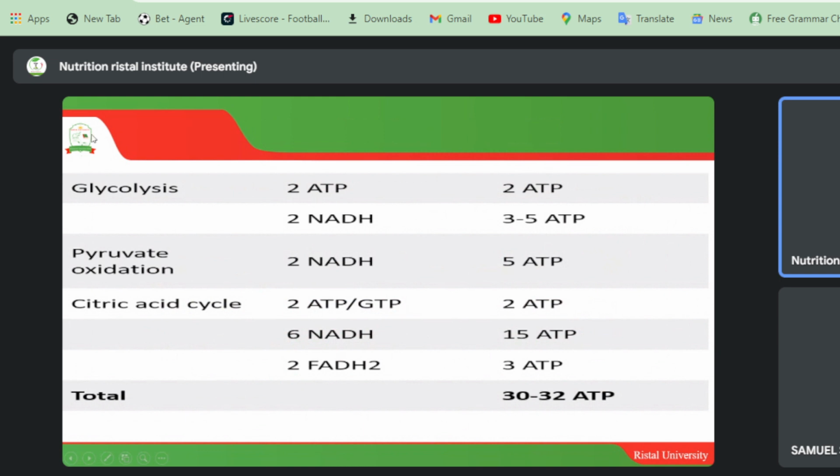Then we have the 6 NADH molecules, that is 6 times 2.5, which gives us 15. And then we have the 2 FADH2 from the citric acid cycle, that's 2 times 1.5, which is 3 ATP molecules. So this all in all results in our number of ATP molecules. If you consider that, I think it's 32 or 34 ATP molecules, and if you look at this side strictly, it's around 30.